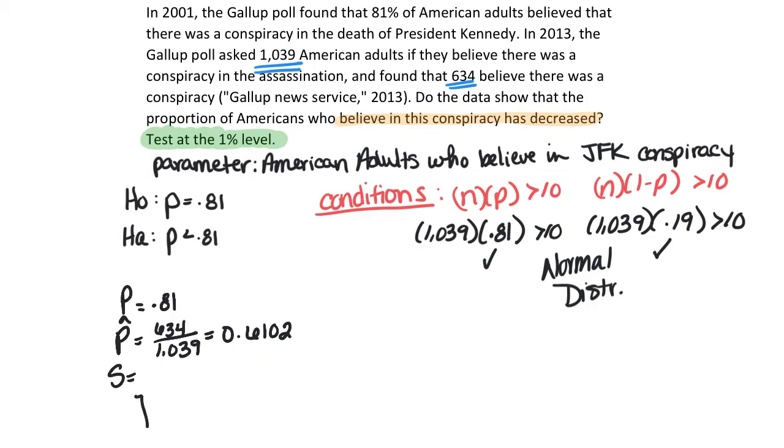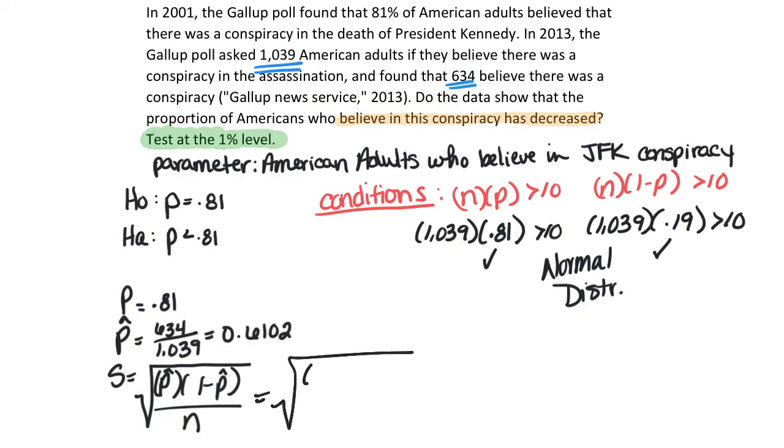and my standard deviation is the square root of p hat times 1 minus p hat, all divided by my sample size. So I'm going to use those values: the square root of 0.6102 times 1 minus 0.6102, all divided by my sample size, which is 1,039 individuals.